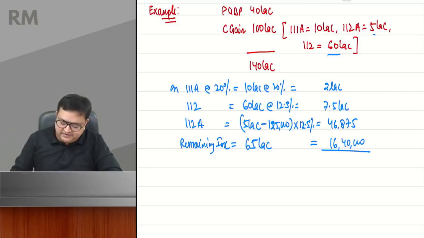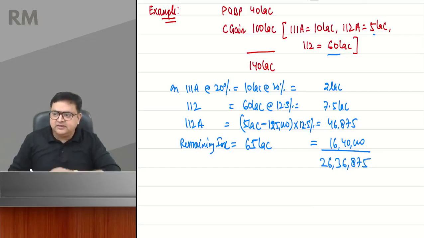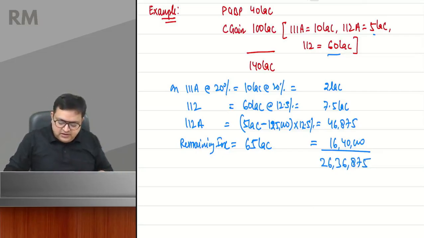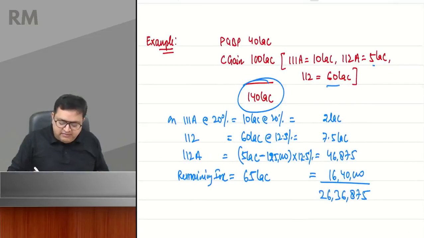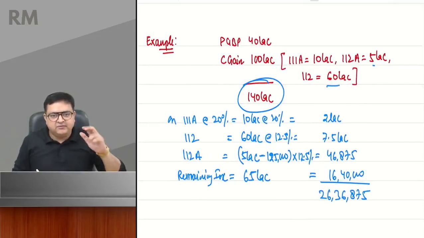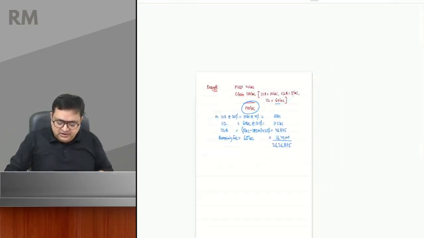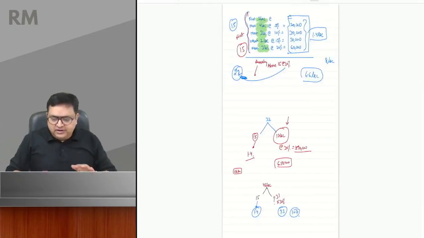I think 26 lakh 36,875. This is the tax. Now tell me, how much is the total income? Everybody tell me. 140 lakh, 1.4 crore. Okay, this is the total income.